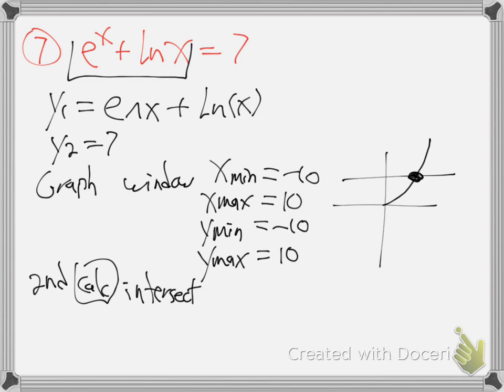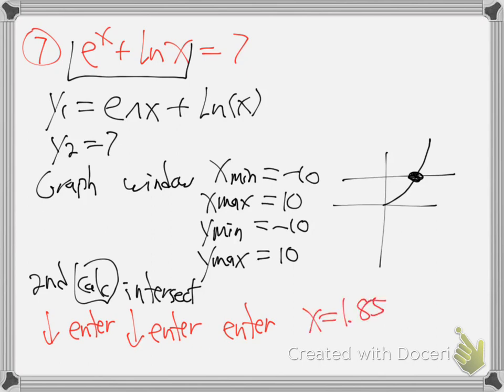I had to hit the down arrow and then enter because it put it on the graph, and then I hit enter a second time, then I had to hit down arrow again, enter, and then I hit enter the third time, and it gave me the answer 1.85.